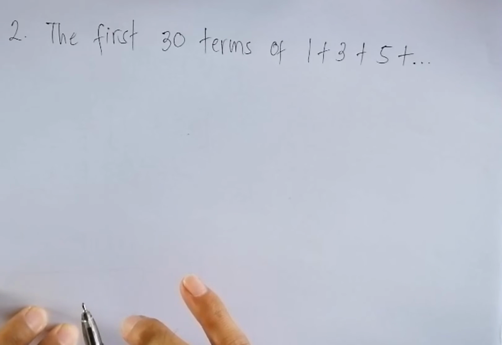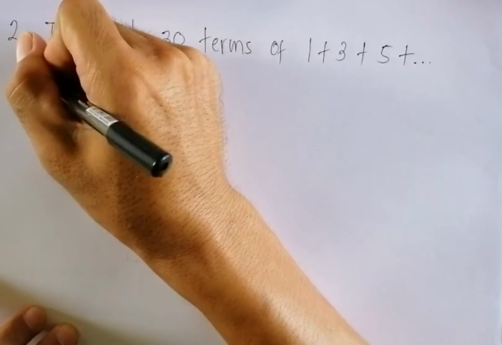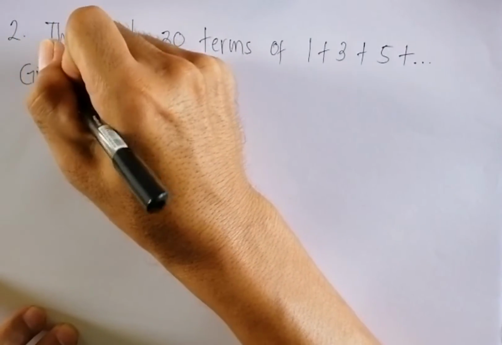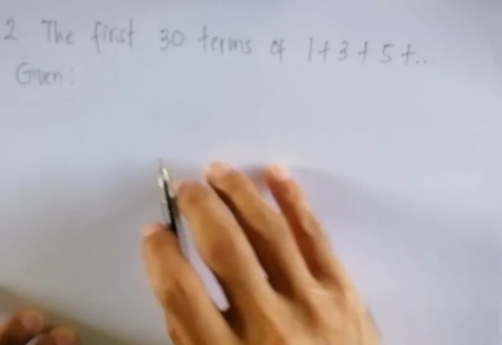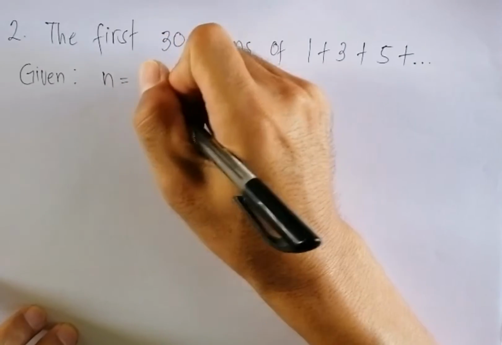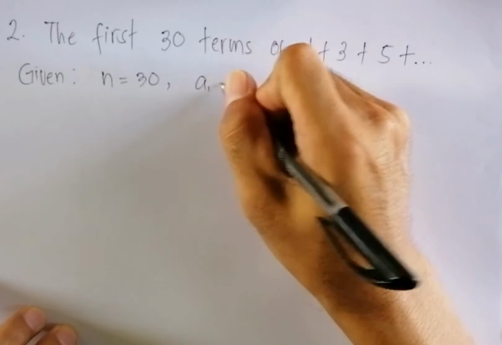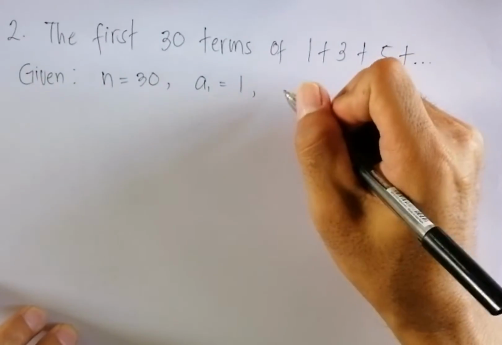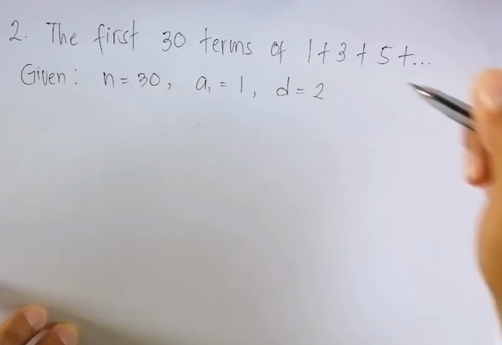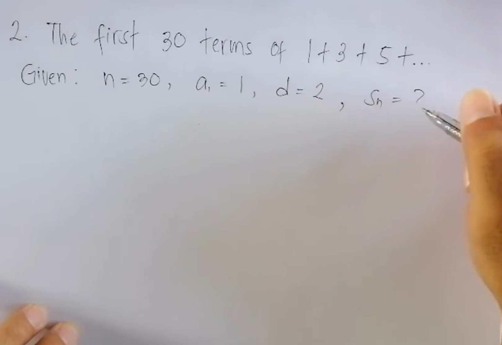The first 30 terms of 1 plus 3 plus 5 plus dot dot. Given n is 30. The first term is 1 and the common difference is 2. Then find S sub n.